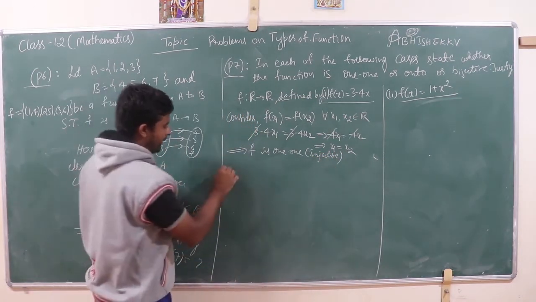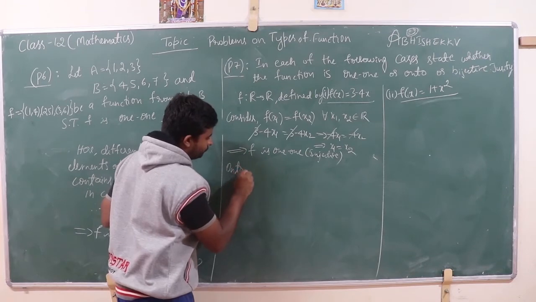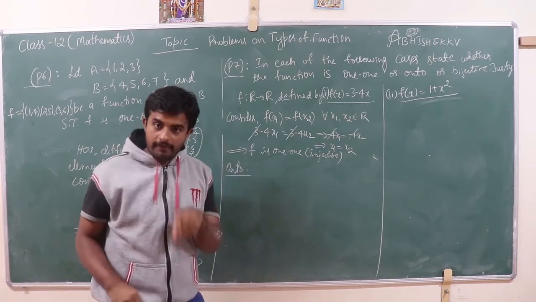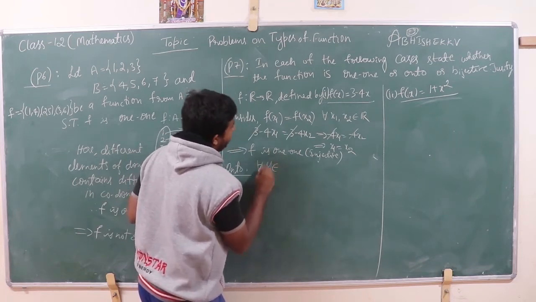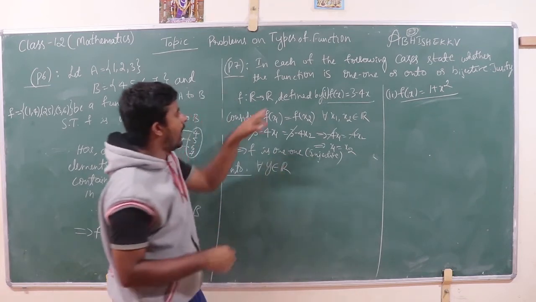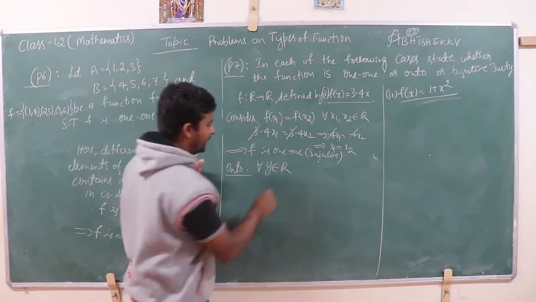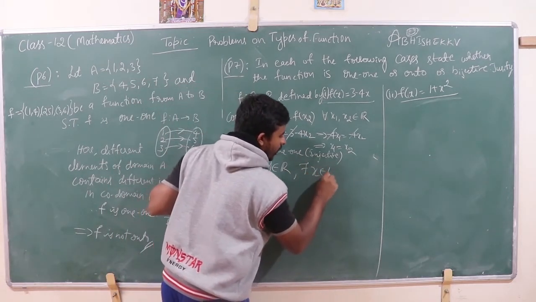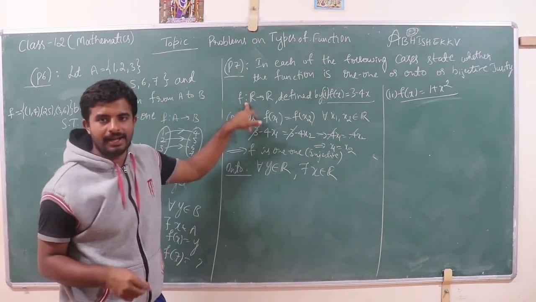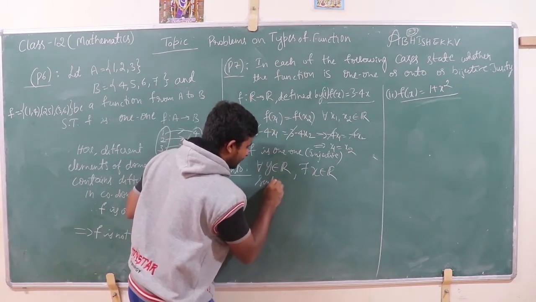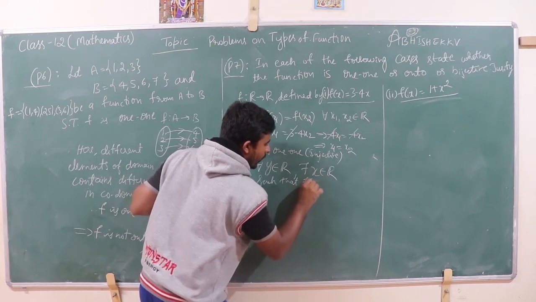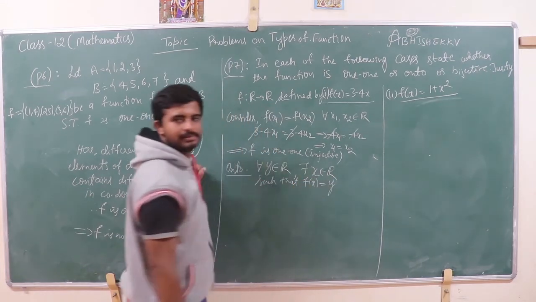Let us move on to the next type, that is onto. According to the definition, for every y belonging to the real numbers R, there exists x belonging to R. Here, both are the set of real numbers only. Such that f of x is equal to y.